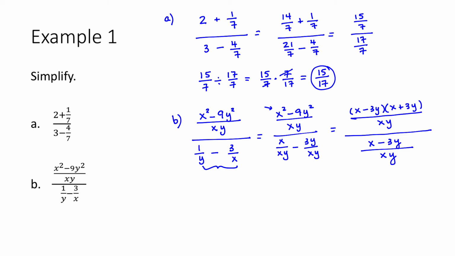Okay, so now I have x minus 3y times x plus 3y over xy, divided by x minus 3y over xy.